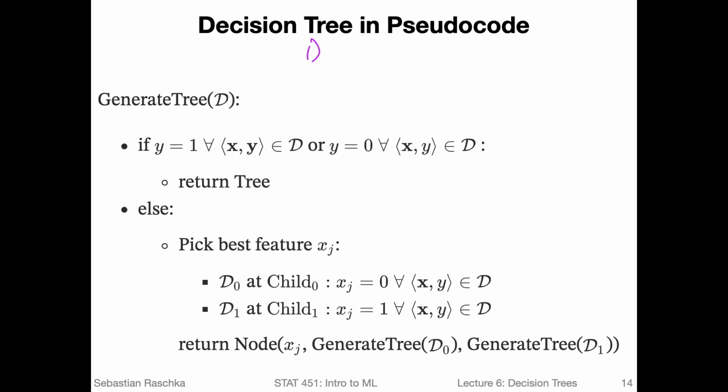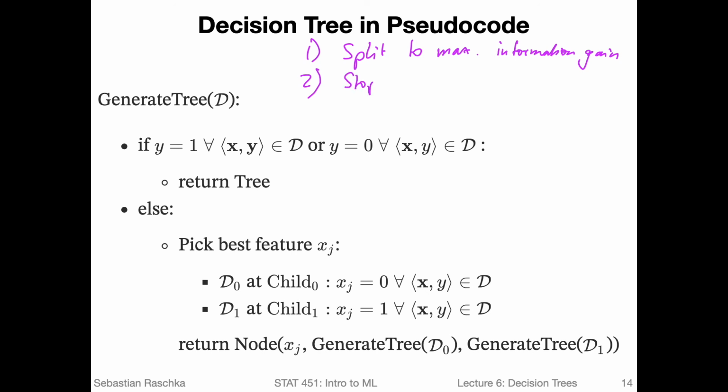So step 1 would be: split the parent into children to maximize performance or information gain. And then the stopping criterion. Remember, in the recursive examples I showed you, there was also usually a stopping criterion involved. We can say that we stop growing the tree if the child nodes are pure or if we can't make an improvement.